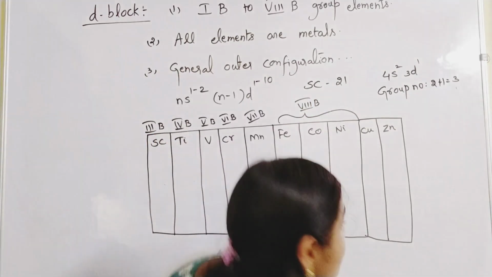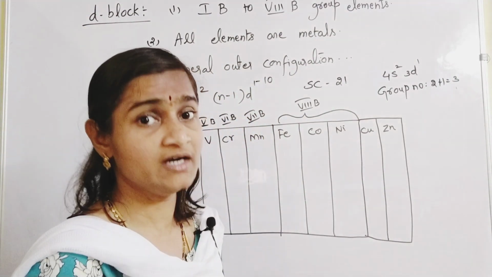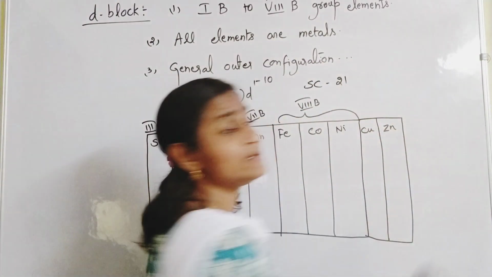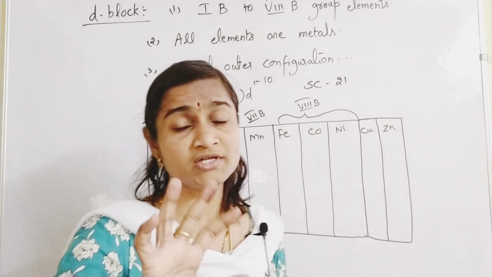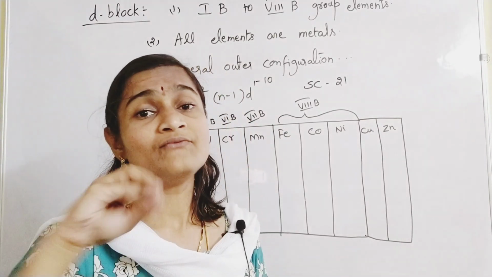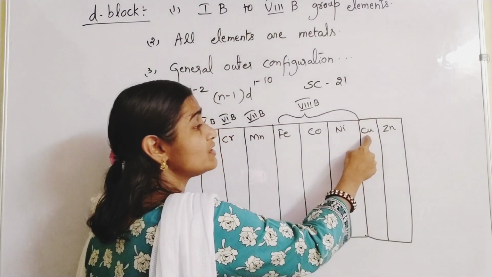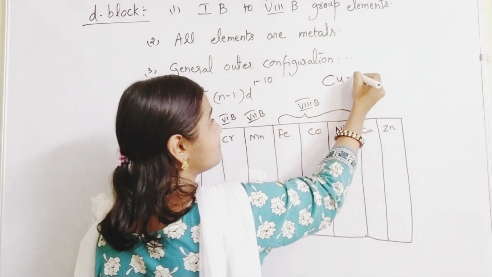Okay, and here copper, silver, gold, we have learnt previously. For all of them, d electrons are completely filled. If d electrons are completely filled, we are not supposed to count those d electrons for identifying the group number. Take the example of copper.